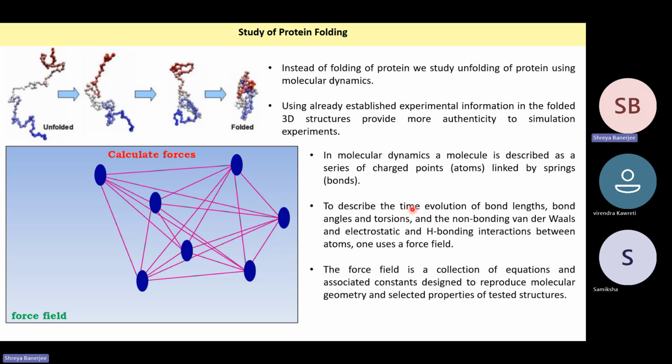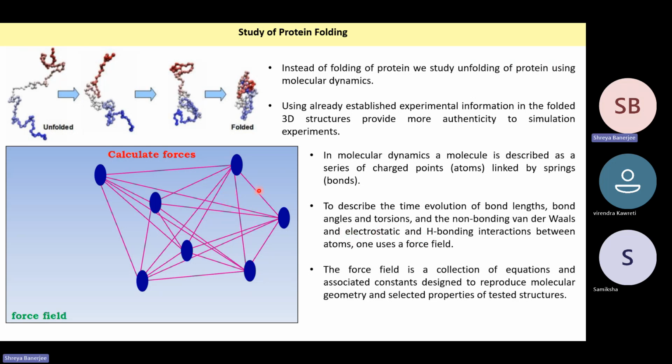To describe the time evolution of bond length, bond angle, and torsions, and non-bonding van der Waals and electrostatic hydrogen bonding interactions, etc., a force field is used. As time goes and the protein moves, the position of the atoms will change and also the bonding and non-bonding interactions can change.